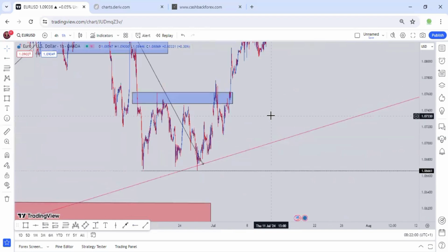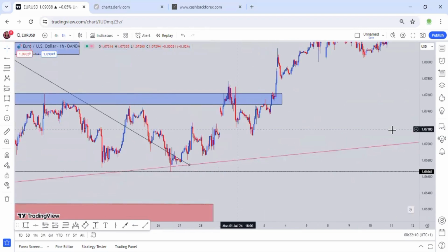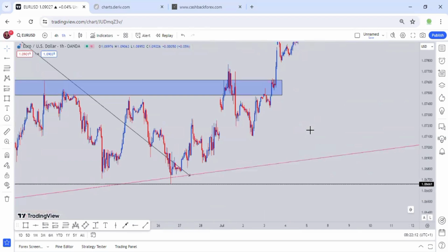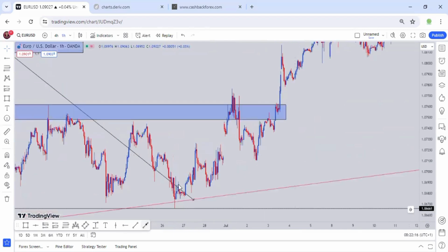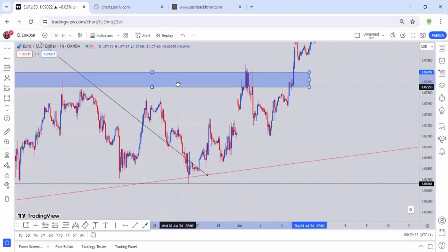Now, market has taken out that recent lower high and has created another structure to the upside. It has created an impulsive move. Remember, we are looking for swing points to get inside the market.